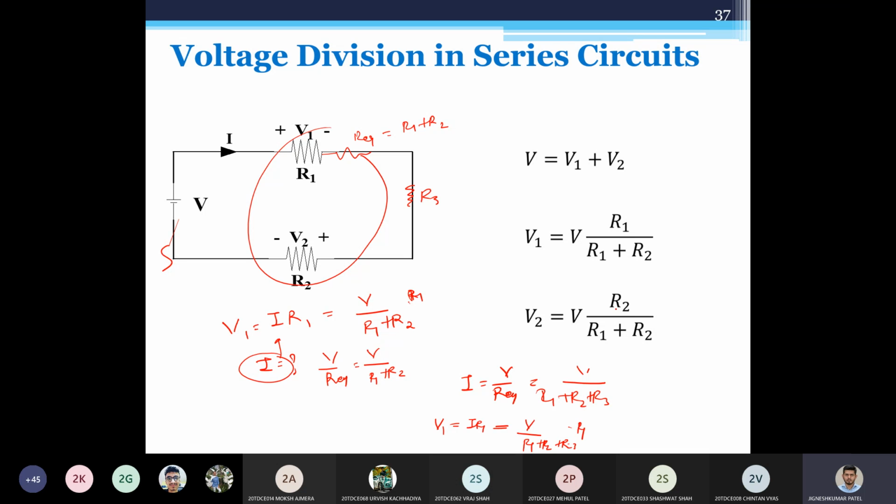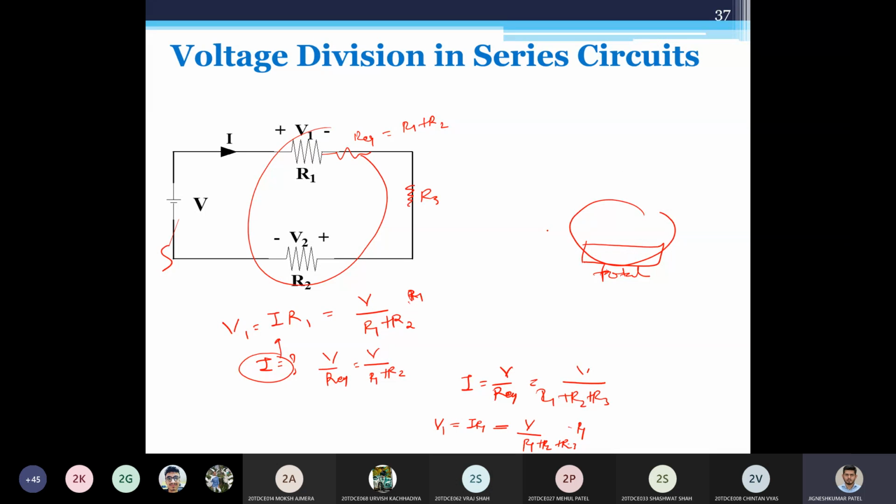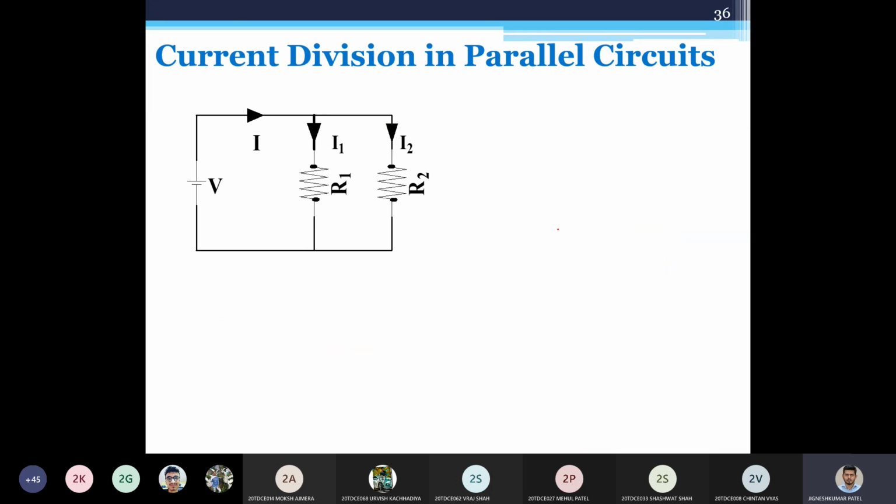So it is the same whether there are 3 resistors or 4 resistors; the only difference is this part. Here you have to consider the total resistance, but it must be in series. If there is a parallel connection in between, you cannot simply take a total. But if it is in series connection, you can get a total, and the voltage division rule will work in all cases. In the same way, the current division rule will work as well.